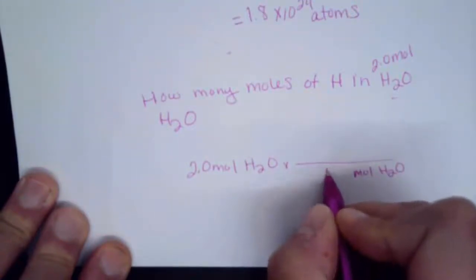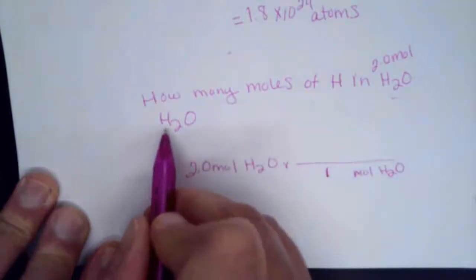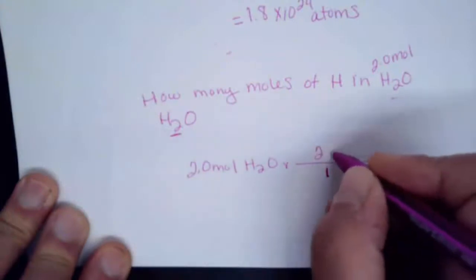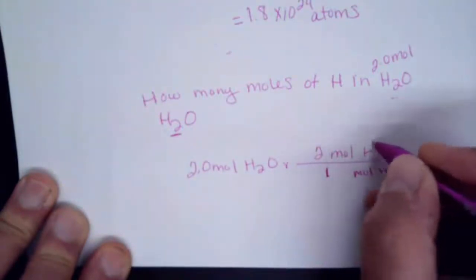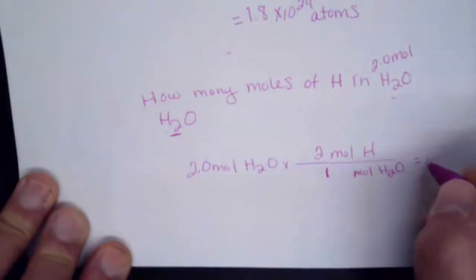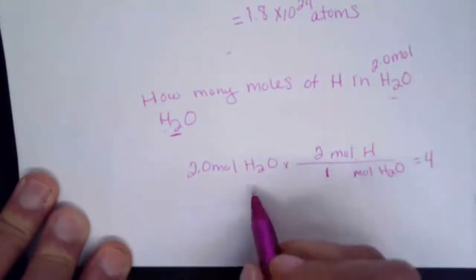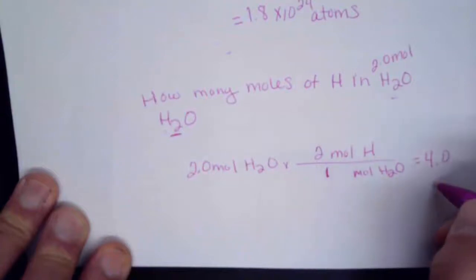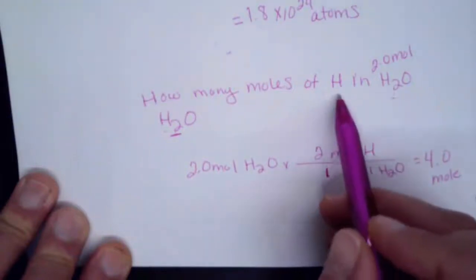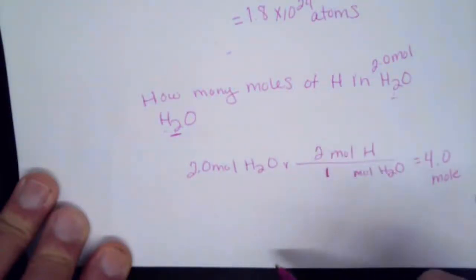We know that in 1 mole of water, there are 2 moles of hydrogen. We got that from the subscript. So multiply across. You end up with 4. So in 2 moles of water, there are actually 4 moles of hydrogen.